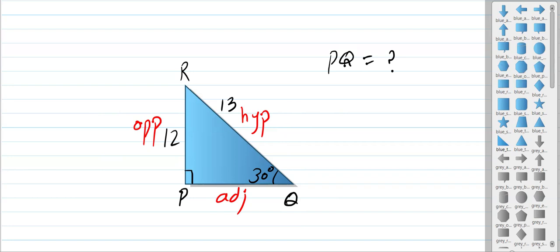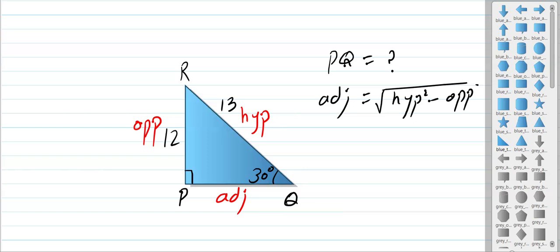as it is a right angle triangle, two things should come to your mind immediately: SOH CAH TOA or the Pythagoras theorem. As you are finding an unknown side, when the other two sides you know, you use the Pythagoras theorem. What will be the Pythagoras theorem for adjacent? Adjacent is always equal to the hypotenuse square minus the opposite square.